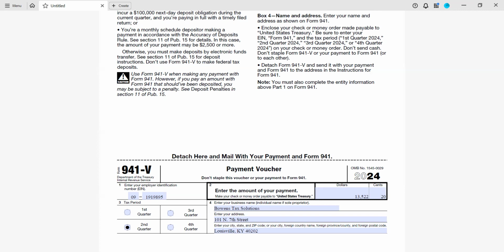If you have a payment, funny thing is, your return is most likely coming right here to Louisville, Kentucky, where I'm at. If you don't send a payment, it's likely going to Utah. I will link in the description the instructions for this form so you can see where you need to mail it if you were mailing your return.